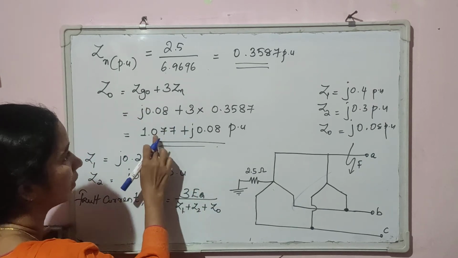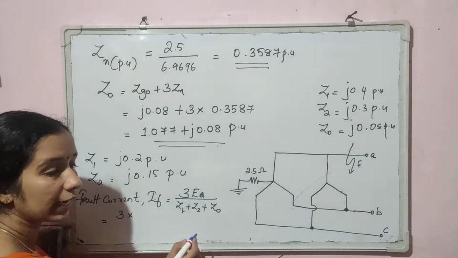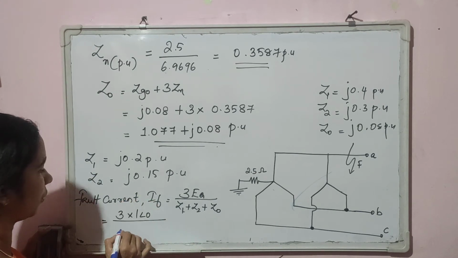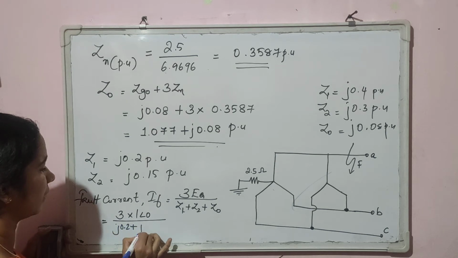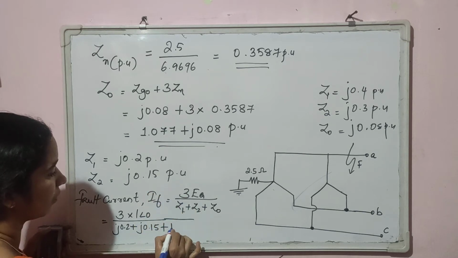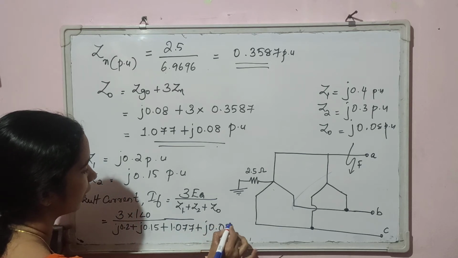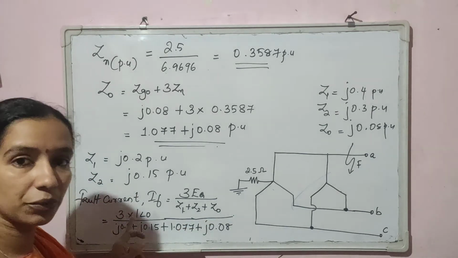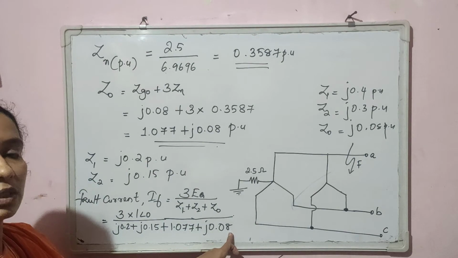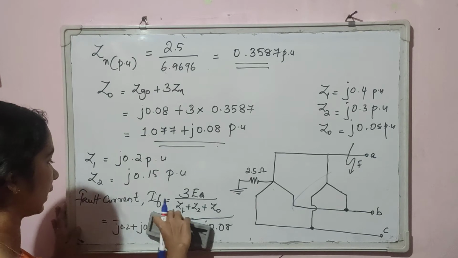So on substituting, we will get 3 into EA is 1 angle 0 divided by Z1 is J 0.2 plus Z2 is J 0.15 plus Z0 is 1.077 plus J 0.08. Okay. Substitute the values of EA, Z1, Z2 and Z0 in the equation for fault current, and on solving this we will get the value of fault current.